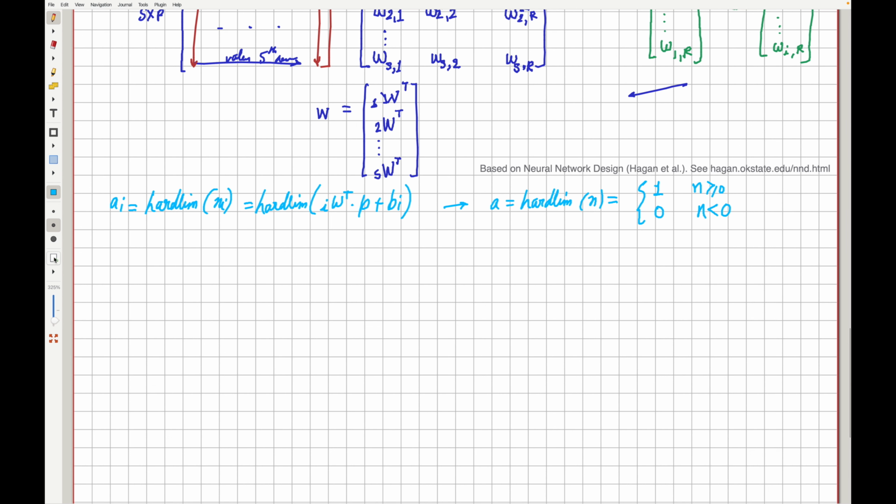Now with those notations, let's now get started and look at the very first case, which is the single neuron perceptron. And for this, you probably already know how the architecture or the figure would look like, but I'll still go ahead and draw it.